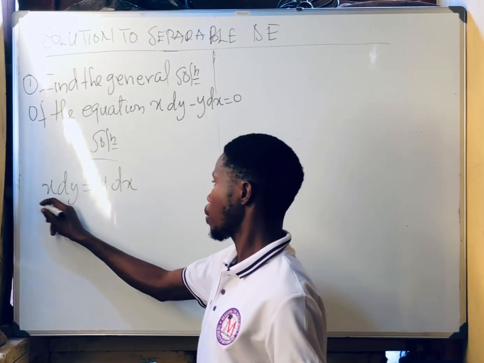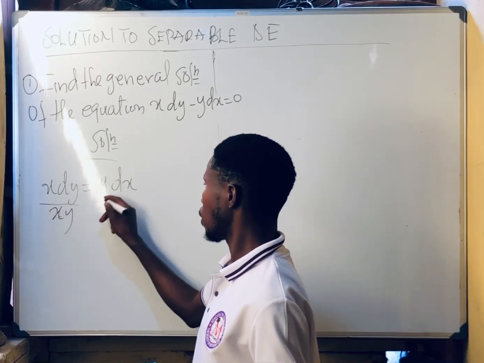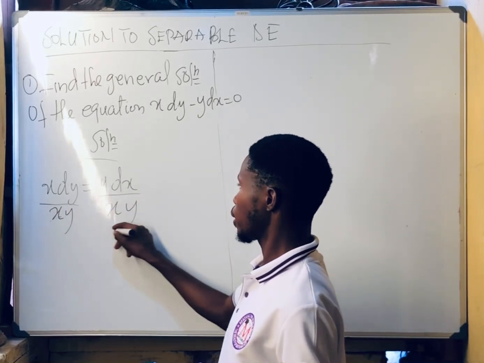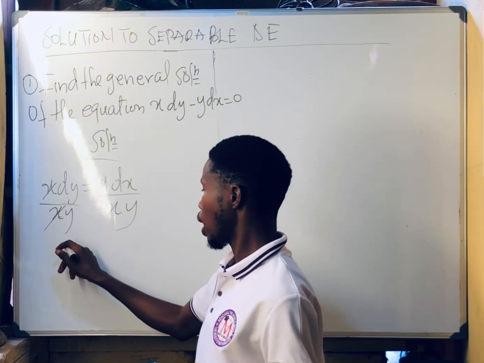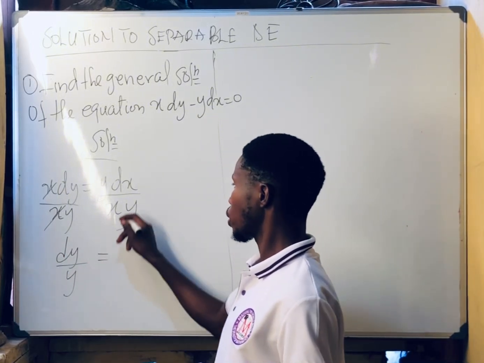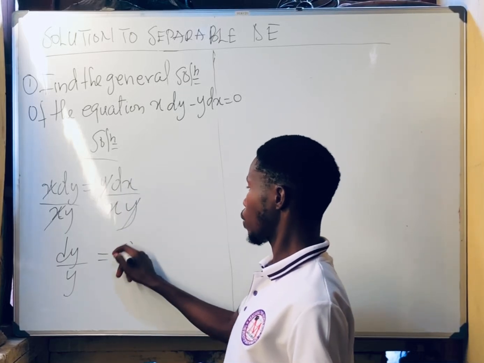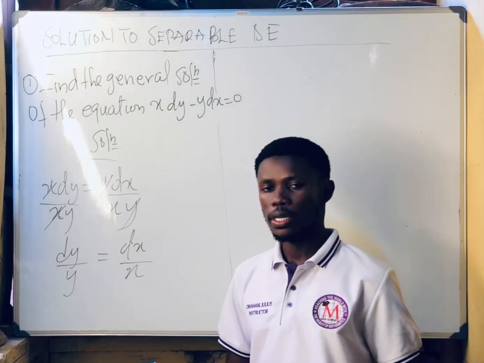So if I divide here by xy, you realize that this x will go with this, so that I'll have dy over y equals this y will also go with this. They have dx over x. I hope you can see that.